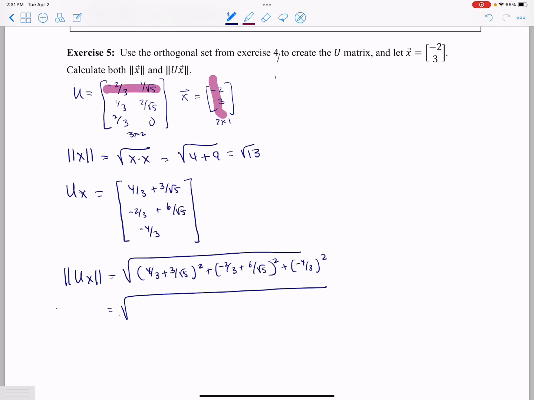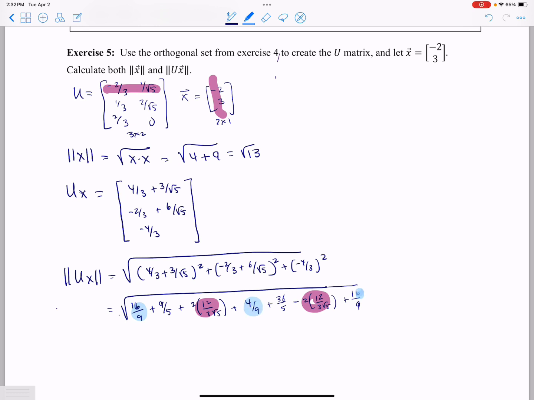So square root of, FOIL this out, I get 16/9 plus 9 over 5 plus 2 times 12 over 3 root 5, plus 4/9 plus 36 over 5 minus 2 times 12 over 3 root 5, plus 16 over 9. These two are the same, so they'll add together to be 0.